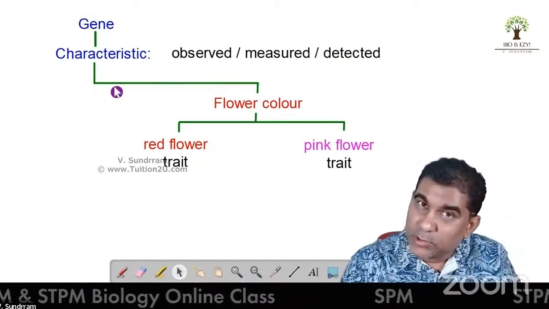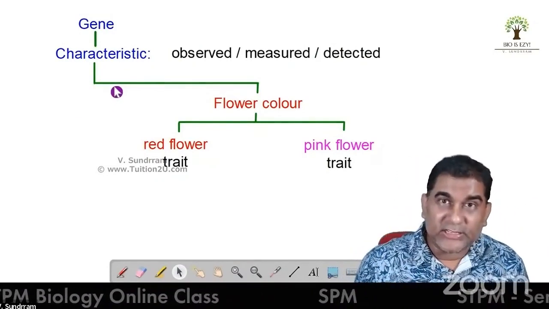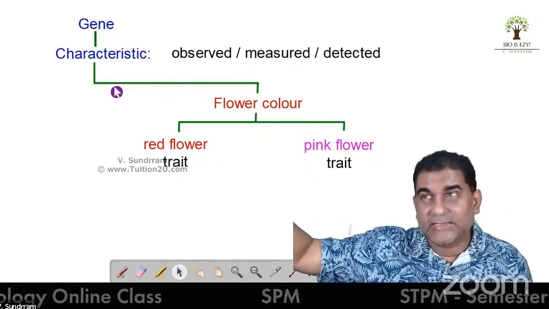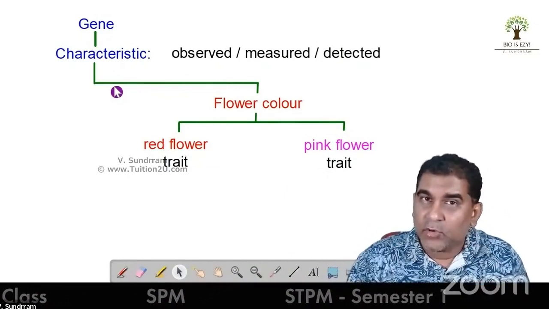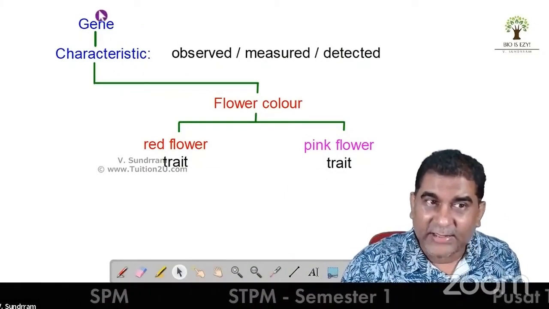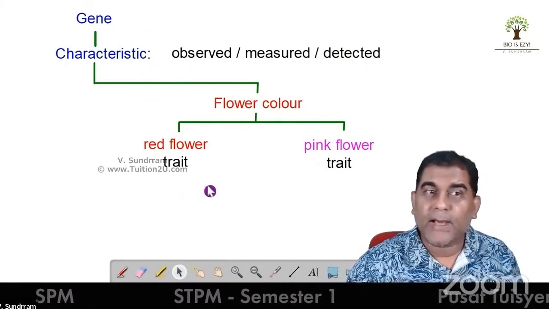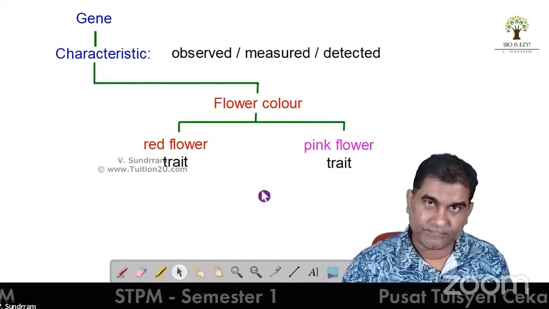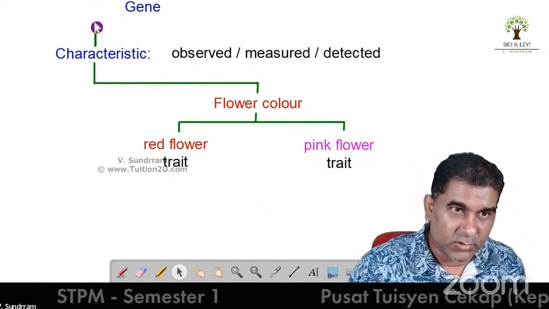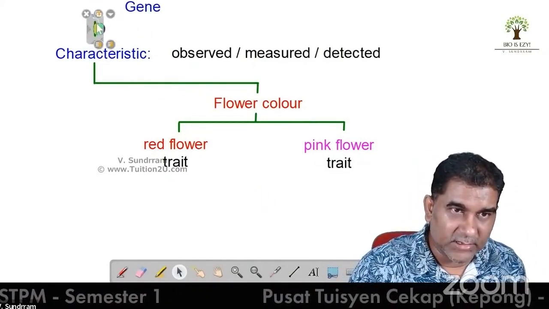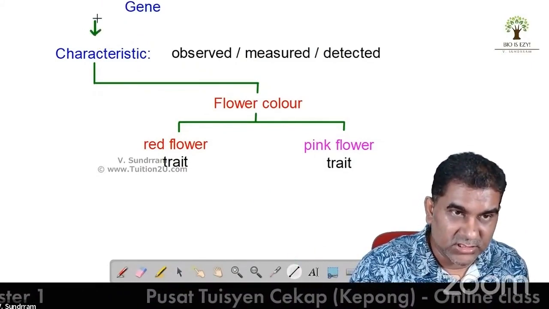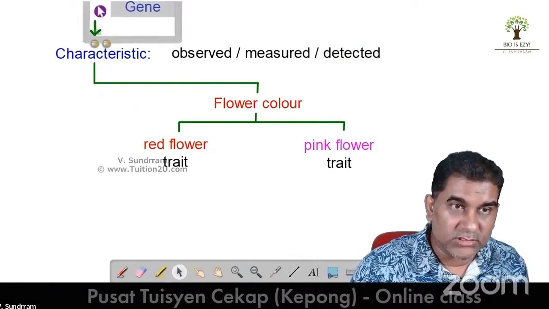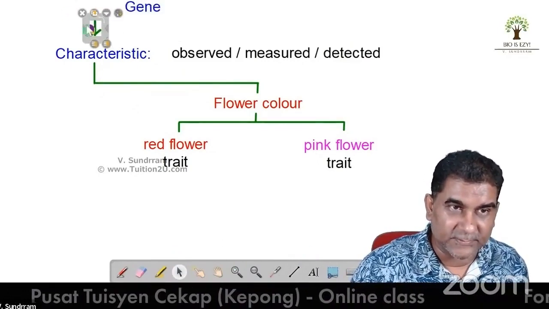Where the gene is located and how to read the gene, we learn later in one of the chapters. But at the moment, every characteristic is controlled by a gene. Because it's controlled, I need to make this line into an arrow. So the gene controls the characteristic.